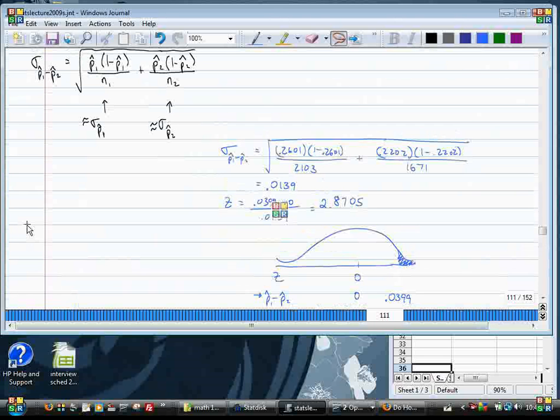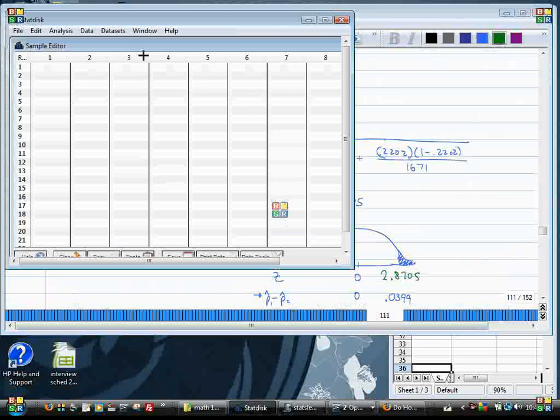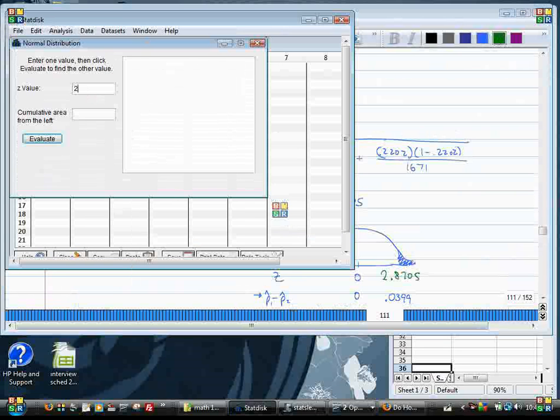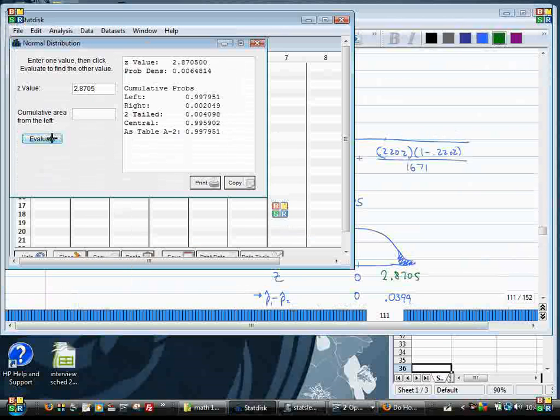Okay. So we have our z-score, 2.8705, and now what do we need to do? Now we just need to find the area, and this we know how to do. Normal distribution, our z-score is 2.8705. That gives us an area of, let's see, 0.9979.